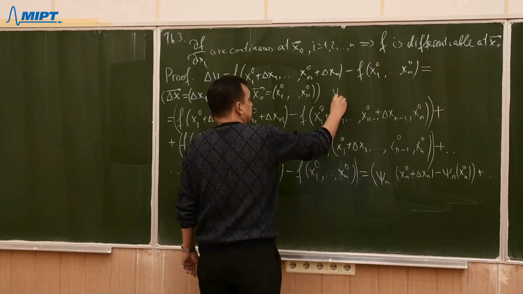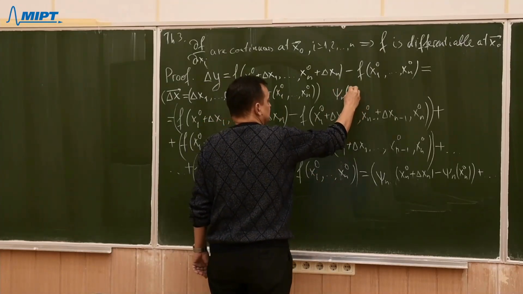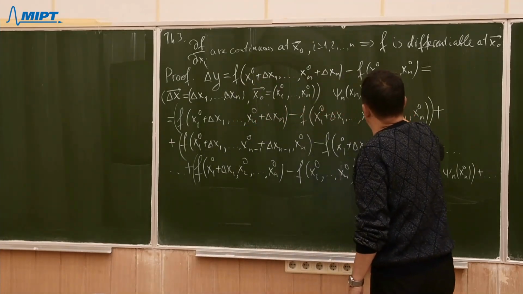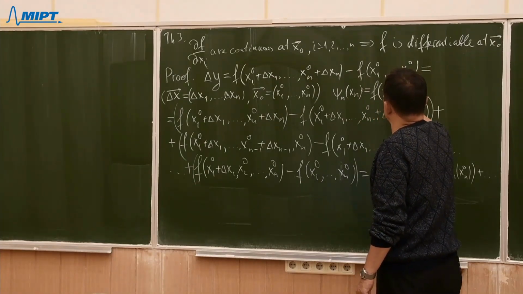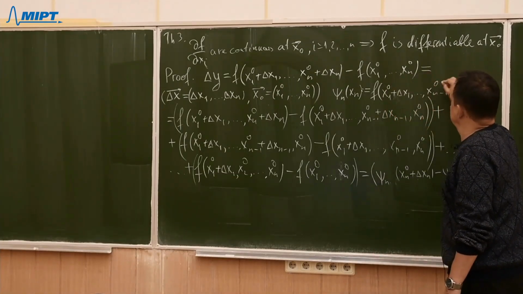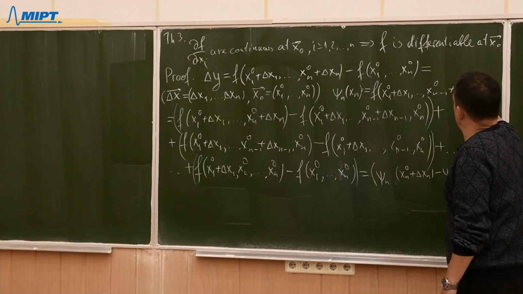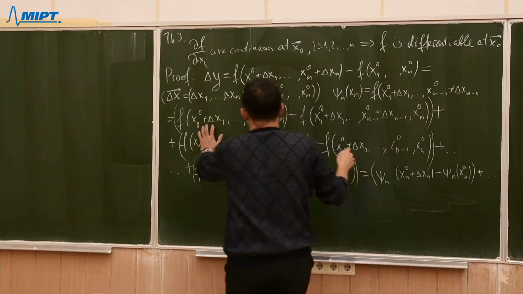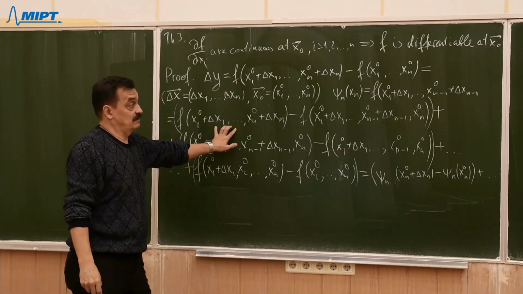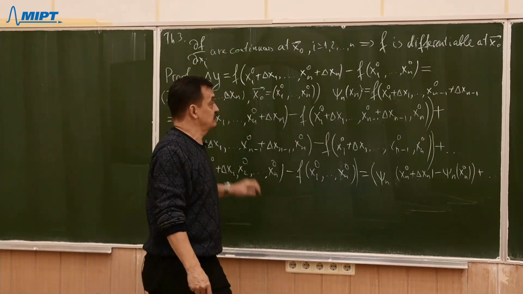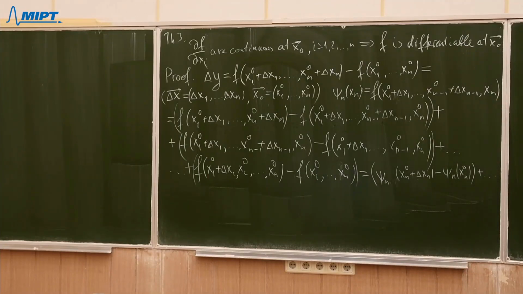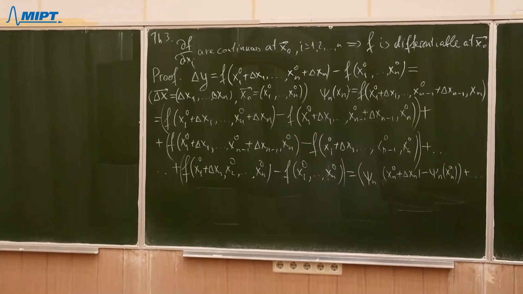Psi n is the function of one variable xn, and it is determined as f with other values which are the same as both here. You see, all other variables are the same as the values here in this first difference. The last variable varies. That is xn without any extra index.